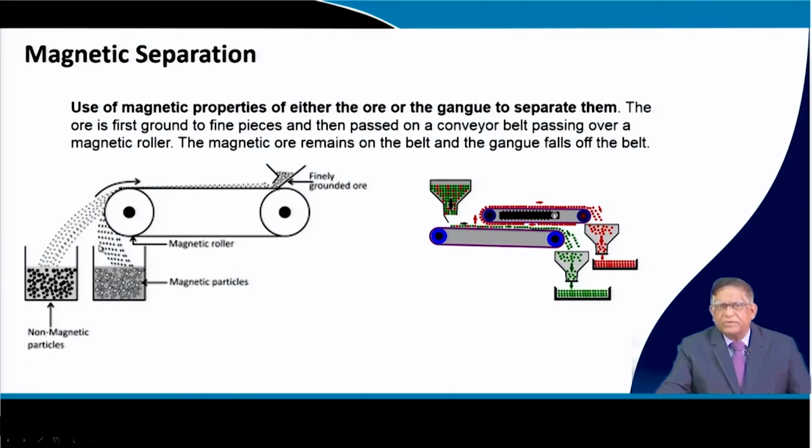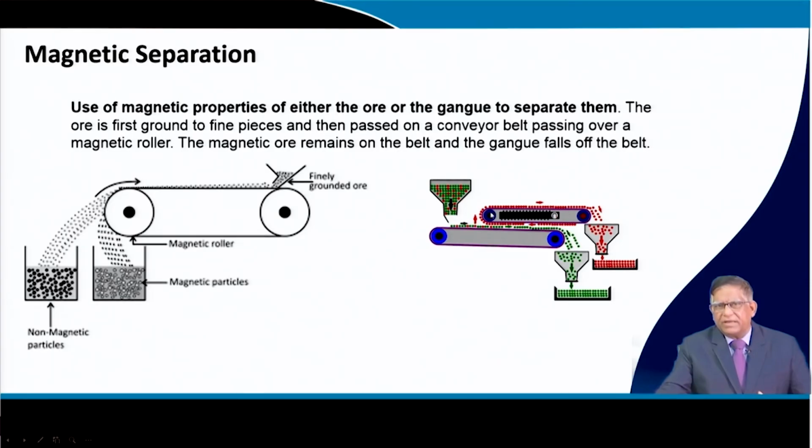So, if it is magnetite or any material with a magnetic property, then its concentration is increased and your purpose is solved. You can see this schematically over here. The feed material is coming like this. Now, you have a cross conveyor running over here.